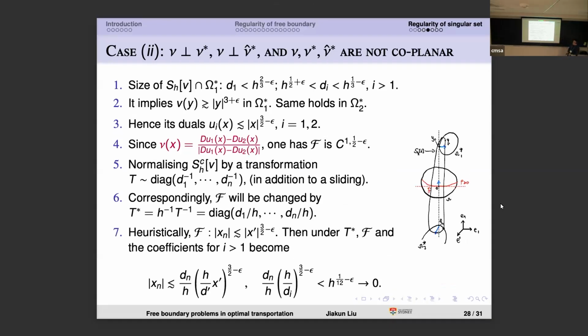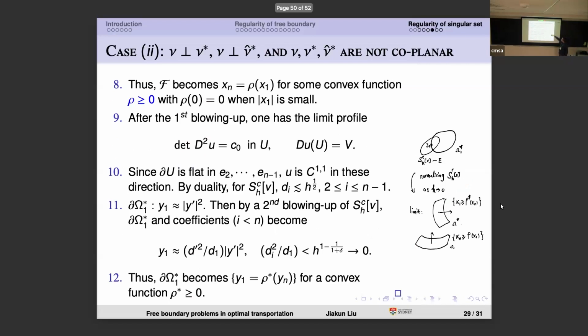And for case two and case three, it's very similar. You first have to derive a precise geometric control to see what's the size of the level set. And then you have the affine transformation to do the blow up job. And in the limit profile, okay, I'll skip a little bit. In the limit profile, again, you have to show the splitting. It's a splitting theory, right, in the geometry.